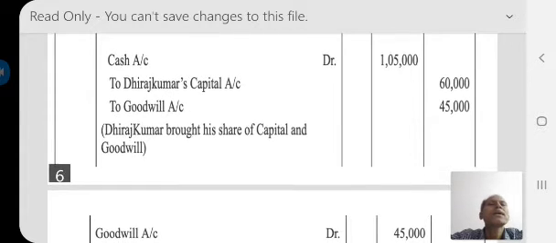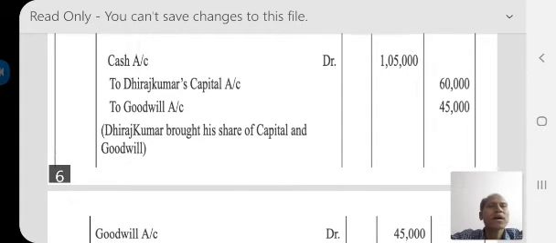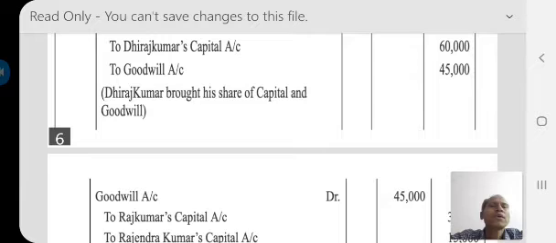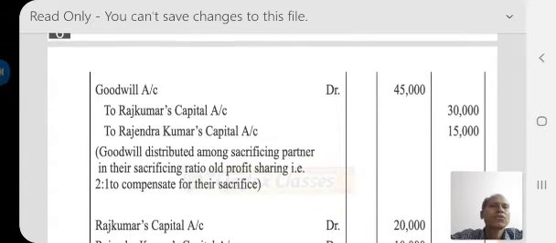So entry is cash account debit to Dheeraj Kumar's capital account, to goodwill account. Dheeraj Kumar, the new partner, brought his share of capital and goodwill. It is okay. Now, shall move further.